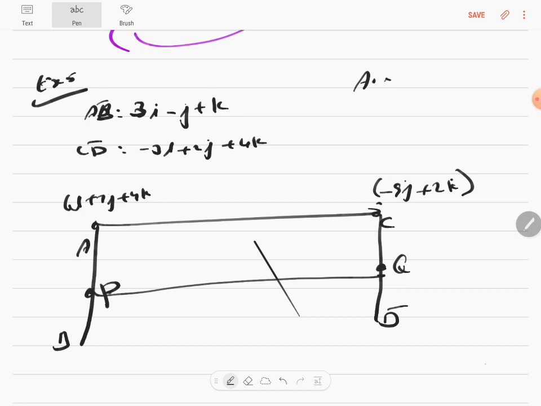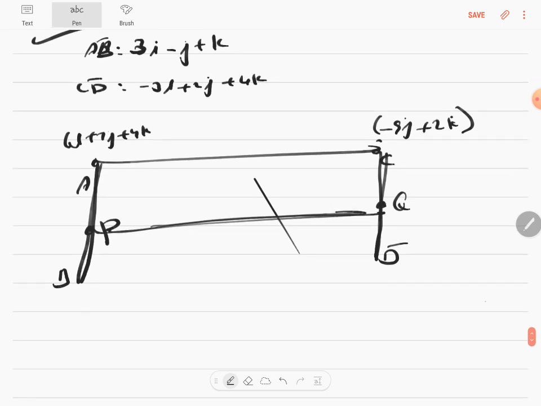Can you see from the drawing, PQ is perpendicular to both AB and CD. You want a vector which is perpendicular to AB and CD. Two vectors, you can always cross them so that you get the PQ vector. Find the position vector of the point P on the line AB and the point Q. So you have to get the position vector of P and Q.